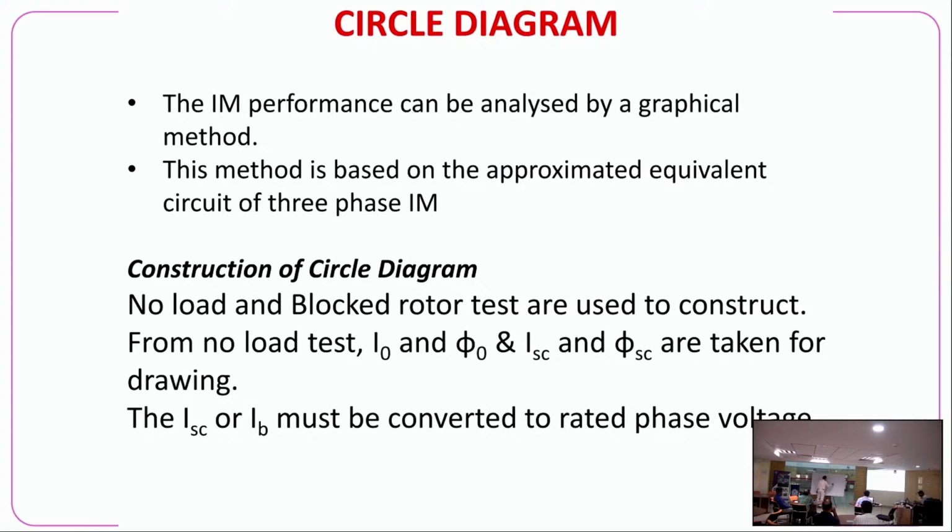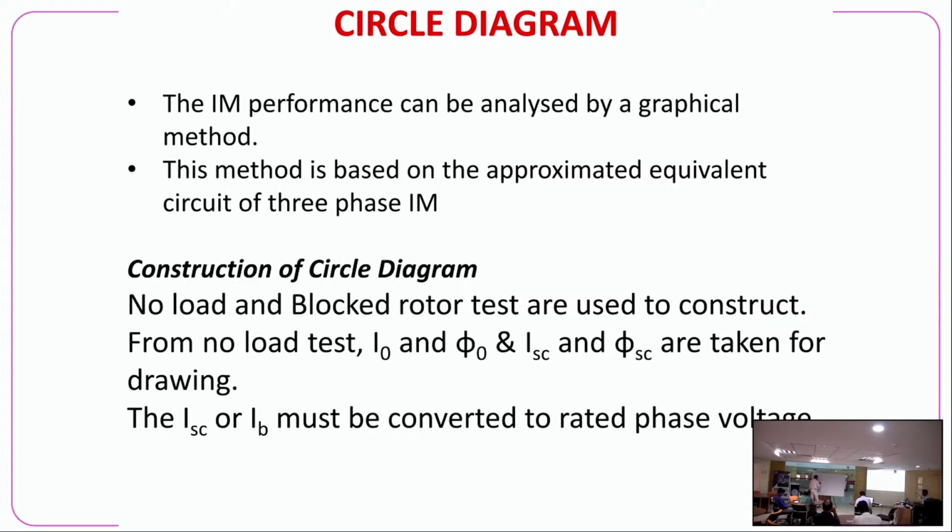And this is the rated voltage. So if we apply the rated voltage and block the rotor, how much current will flow? We can determine it by this straight line.